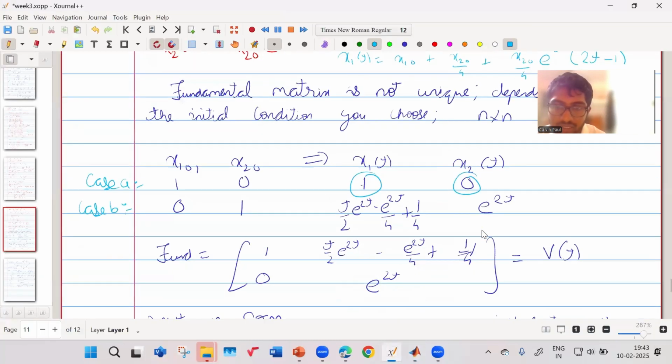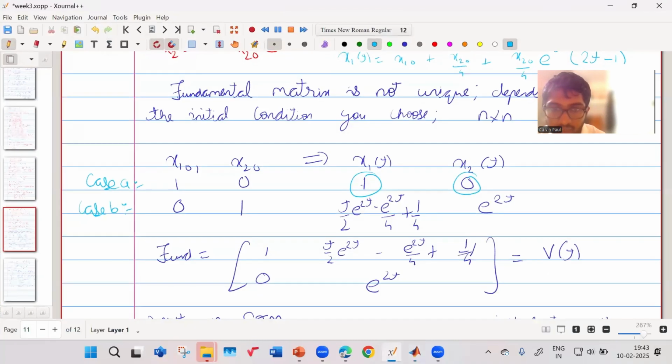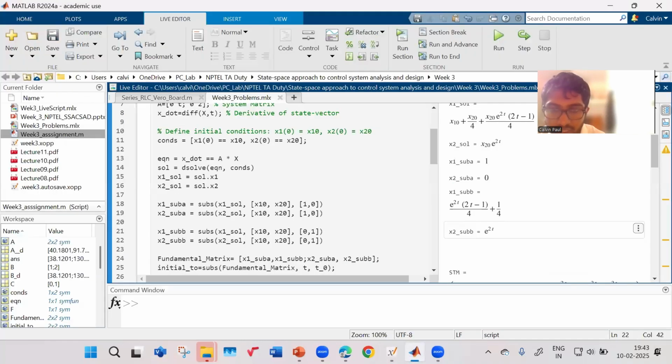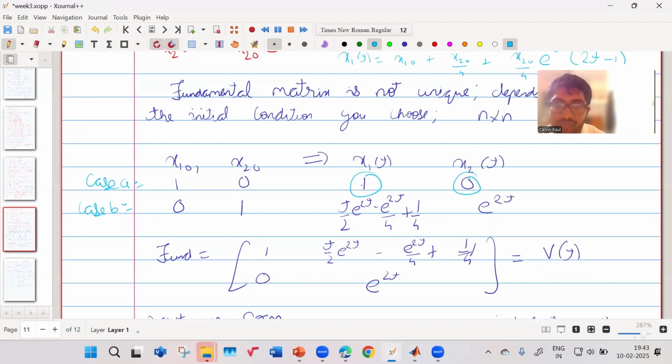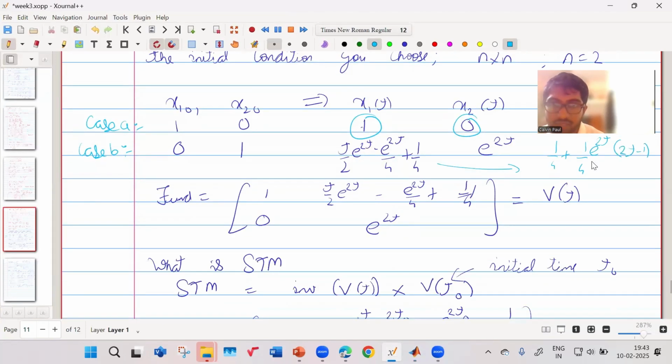Let us check. So e to the power 2t is coming correct. Here is the 1 by 4, which I also got, plus 1 by 4 into e to the power 2t into 2t minus 1. So they have just written it in a better form: 1 by 4 plus 1 by 4 e to the power 2t into 2t minus 1. Okay, so this also is correct. This also is the same, 2t minus 1. It is also correct.